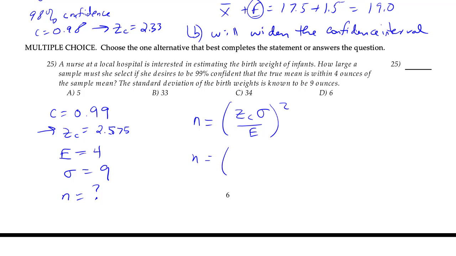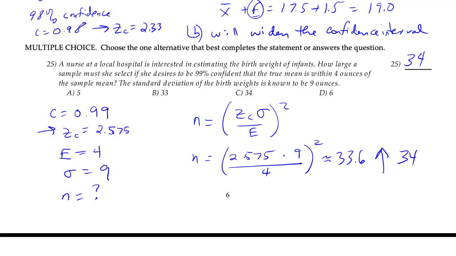So we would be doing 2.575 times 9 over 4 all squared, which would give us about 33.6, but we can't make a sample size which has a decimal in it. So we're going to have to round this, and in order to ensure that we meet the confidence level, we're going to have to round up, and so we round this up to 34. That was C.